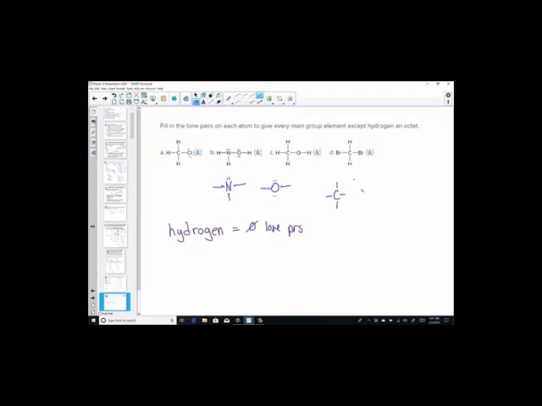It has them. No lone pairs on the carbon. The oxygen, we said 2 electron bonds and 2 sets of dots. So in letter C, the oxygen needs 2 sets of dots.